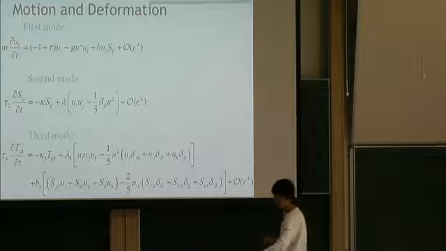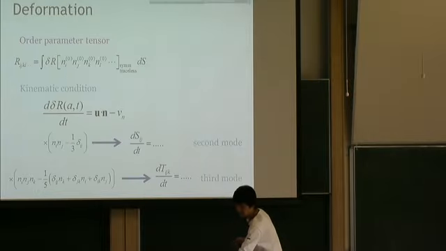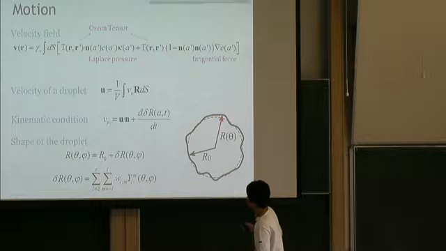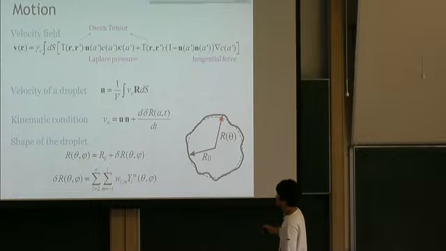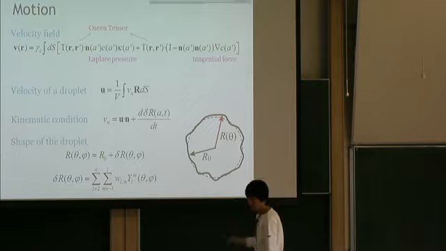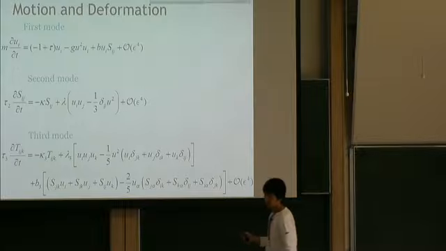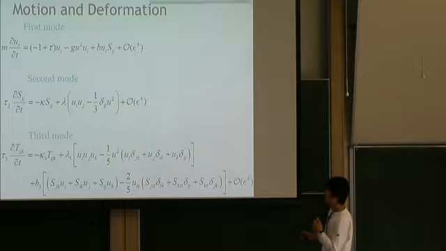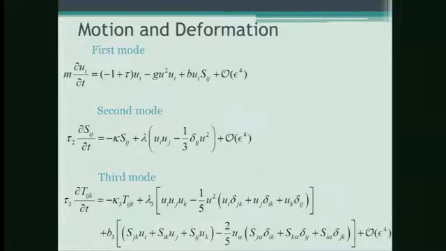So now, these two equations are essentially what we want to get. These are amplitude equations for the velocity of the droplet and the shape. And finally we get these kinds of equations up to the cubic order in the expansion. So here is the equation of motion for the droplet.